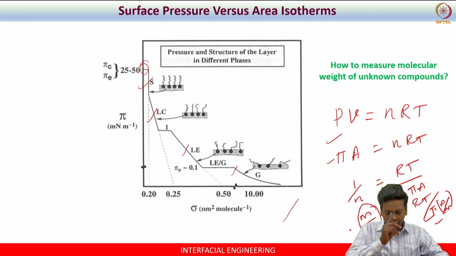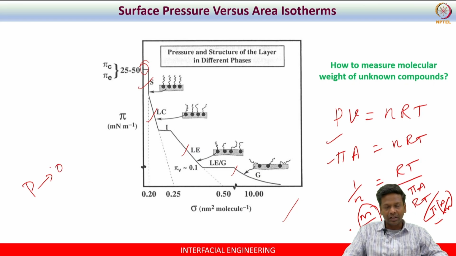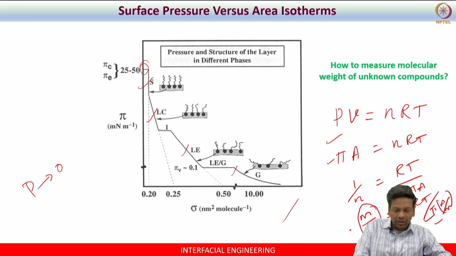For this, one important condition is that the ideal gas law is valid in the limit where P tends to 0, right? So in this case, you have to choose pi very close to 0.